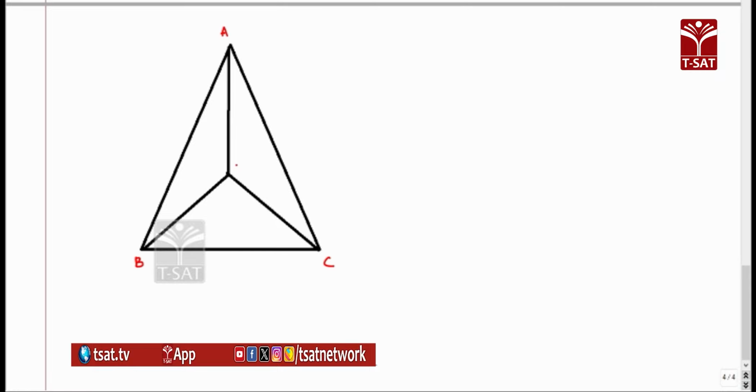O is the orthocentre. We know angle BOC is 180 minus A. Or else you can also say it is 180 minus angle BAC.